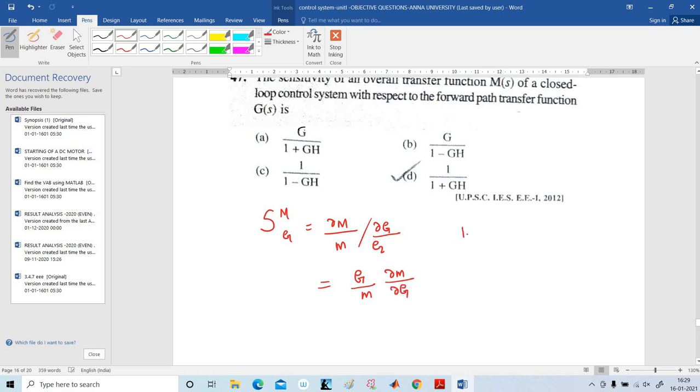First of all, what is M? M is equal to the closed loop transfer function G divided by 1 plus GH. Now I am going to apply differentiation with respect to G. I am going to put H equal to 1 here.